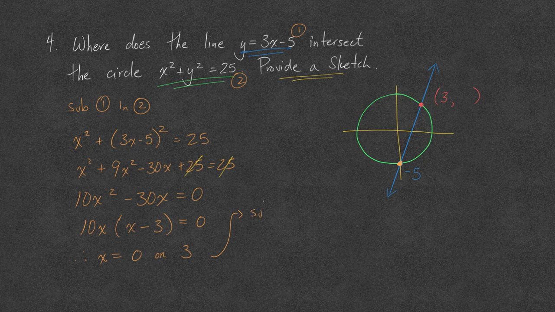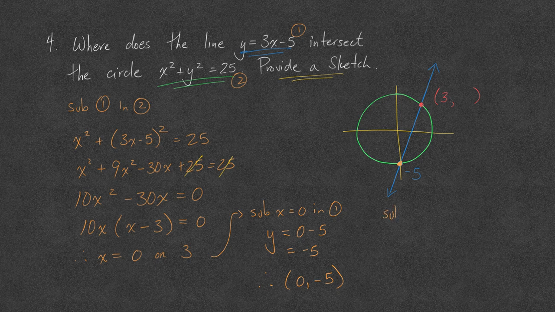What I'm now going to do is sub x equals 0 back into one of my original equations, and equation 1 is absolutely the easier one. When I do that, I get y equals 3 times 0 is 0, and there's my negative 5. So I found a point of intersection at (0, negative 5). That's what I had on my diagram. Perfect.